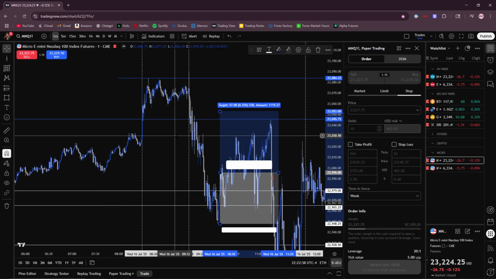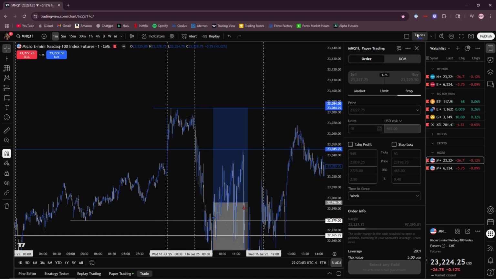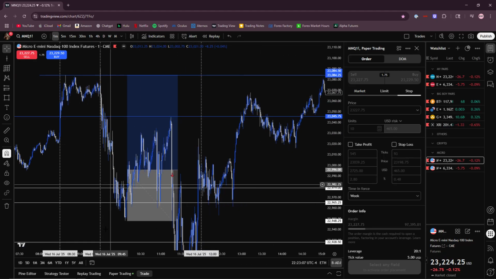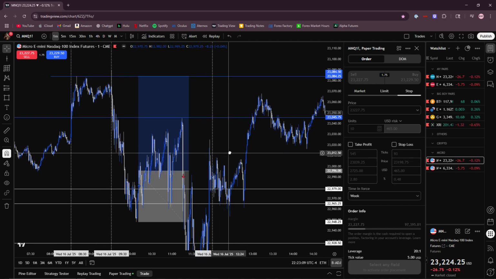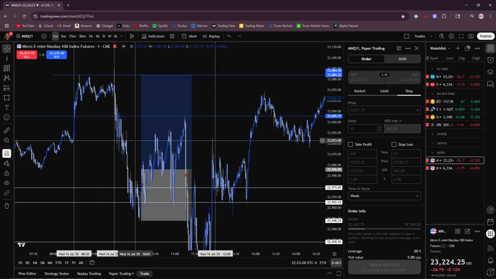So we were targeting, I don't even know where all of our targets were. But basically this is a valid entry. It's just risky because 1 minute break of structures are not a lot of confirmation to enter in off of. But if I didn't take that risky trade, I wouldn't have lost anything. But then the same opportunity presents itself tomorrow.